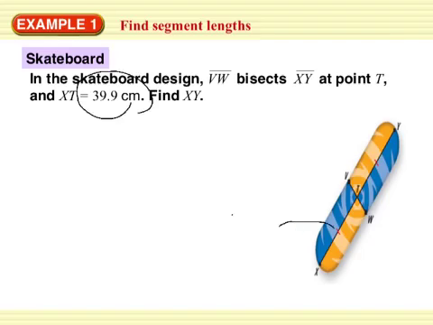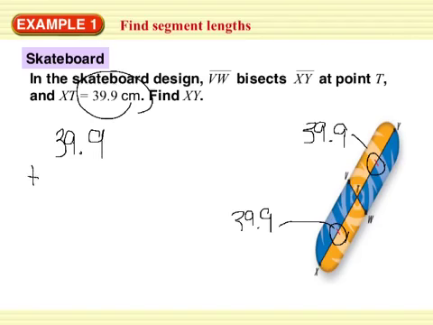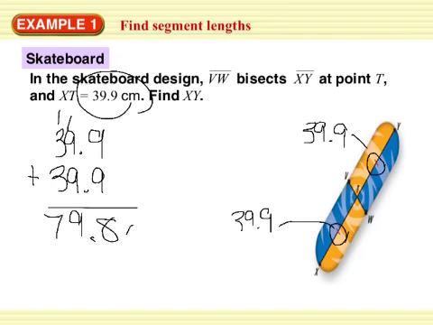I have a tick mark right here and the same tick mark right there. That means they're congruent, their lengths are equal. So if we want to know XY, we would do 39.9 plus 39.9, or you can multiply 39.9 times 2. Pretty simple.